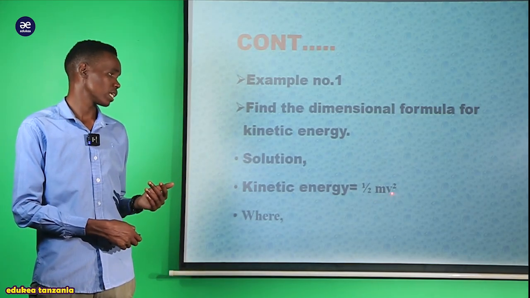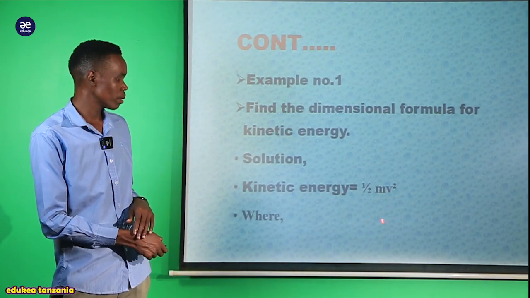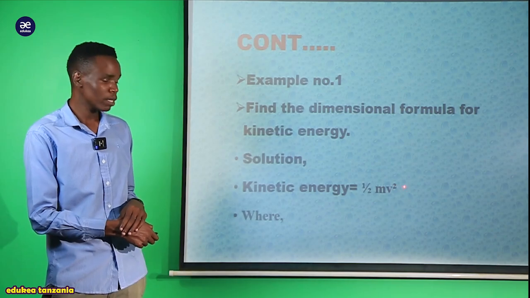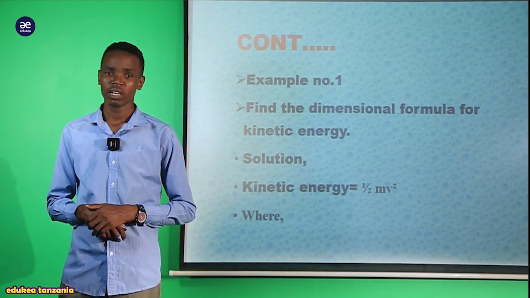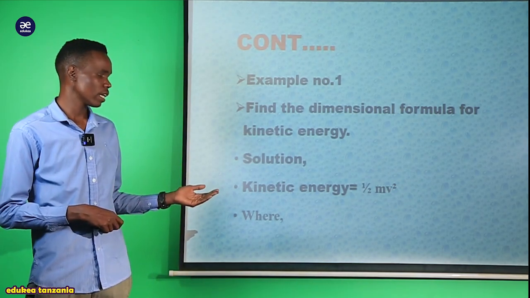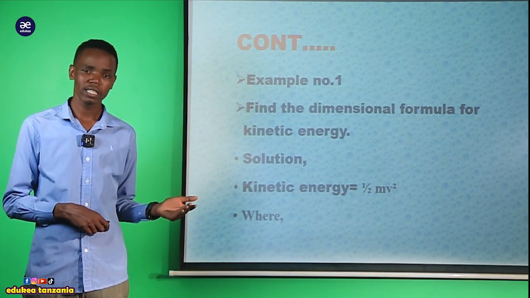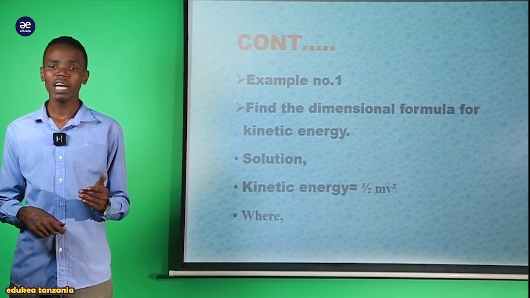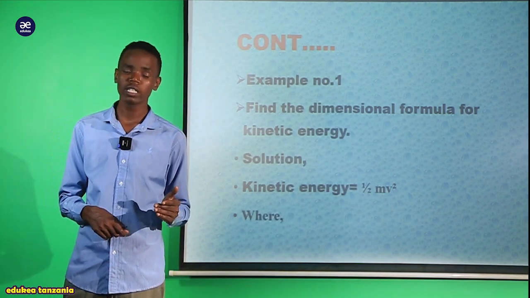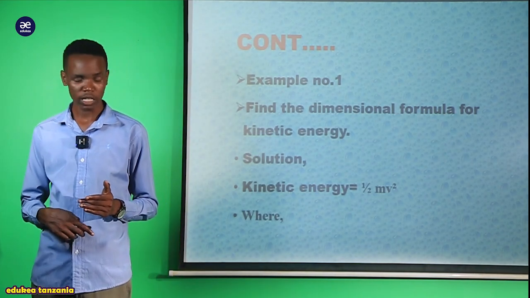Formula yake ni half times mv square. But this m represents the mass, but v represents the velocity. Now, after getting this formula, it is time to see how we can find the dimension of the kinetic energy.